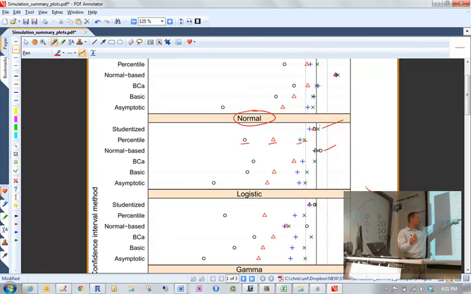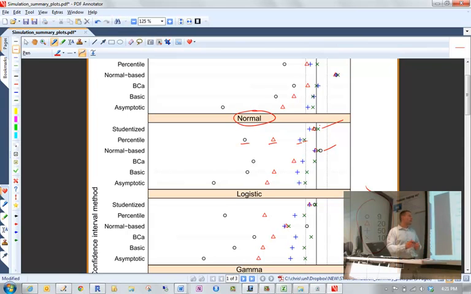Well, look at this: BCA is always a little bit better than basic and percentile. It's getting there faster, and we see that.